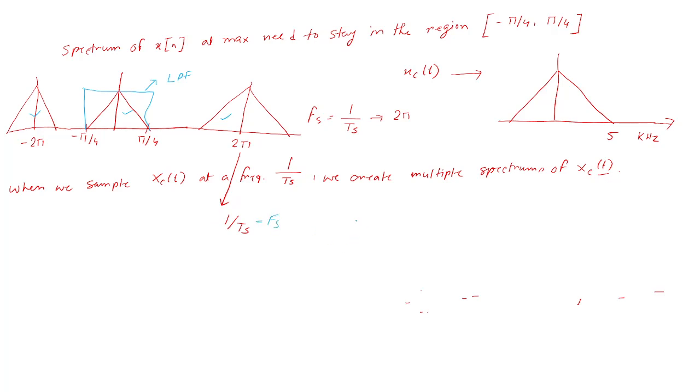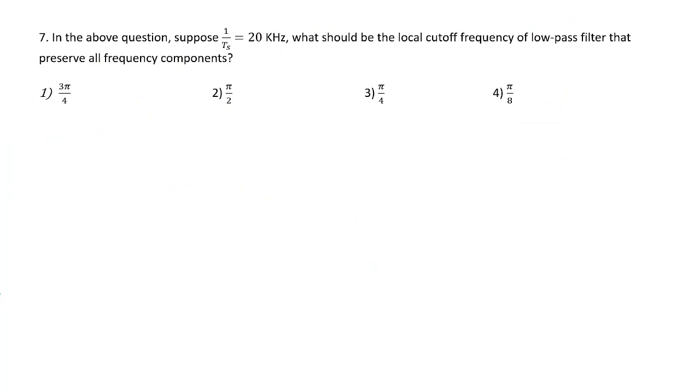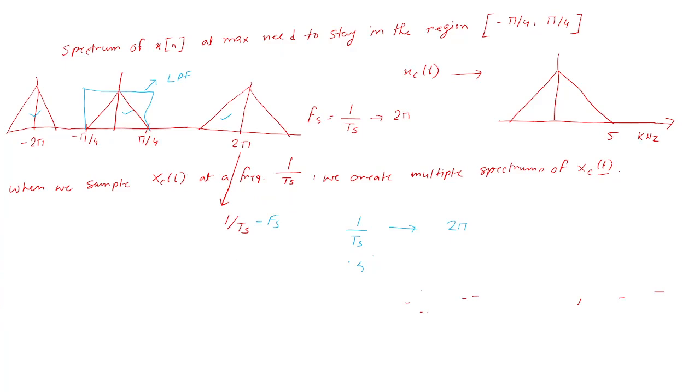So if 1 over Ts corresponds to 2 pi, then pi by 4, the maximum frequency component of x, we see that it is 5, sorry, yeah, so the maximum frequency component of xct we have seen is 5 kilohertz, which corresponds to pi by 4.